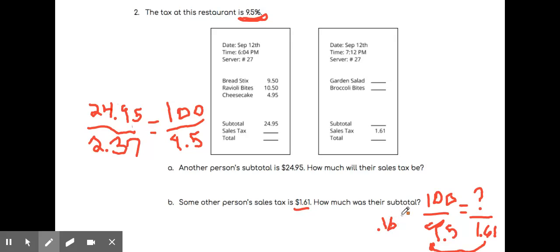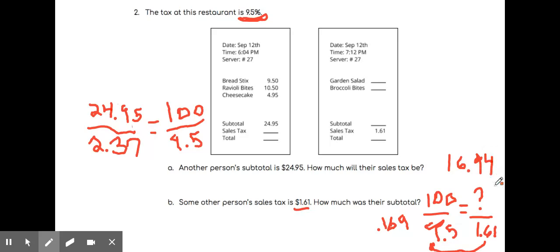And remember, we're going to leave that number on our calculator. Do not erase it, because we're going to take that number and multiply it by 100, and we get about $16.94. So about $16.94 is our answer.